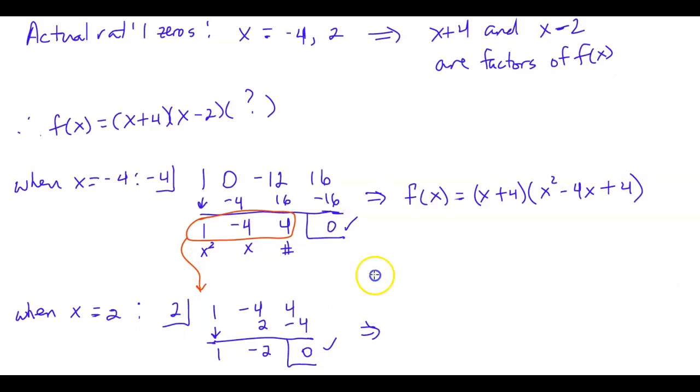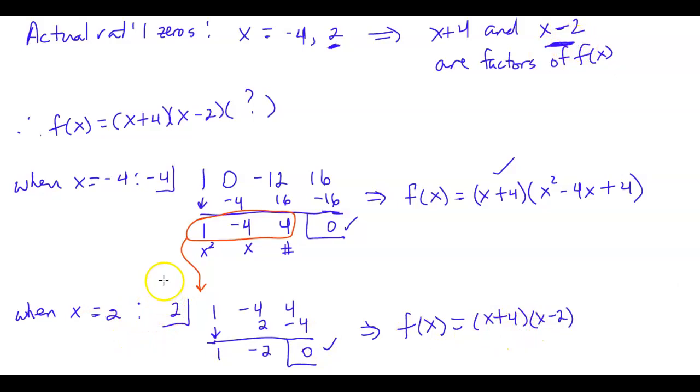So from here, what we see is that f of x is equal to x plus 4, which came from here. We know that x minus 2 was a factor because we stated that here. From knowing that this was an actual 0, we know that that was a factor.